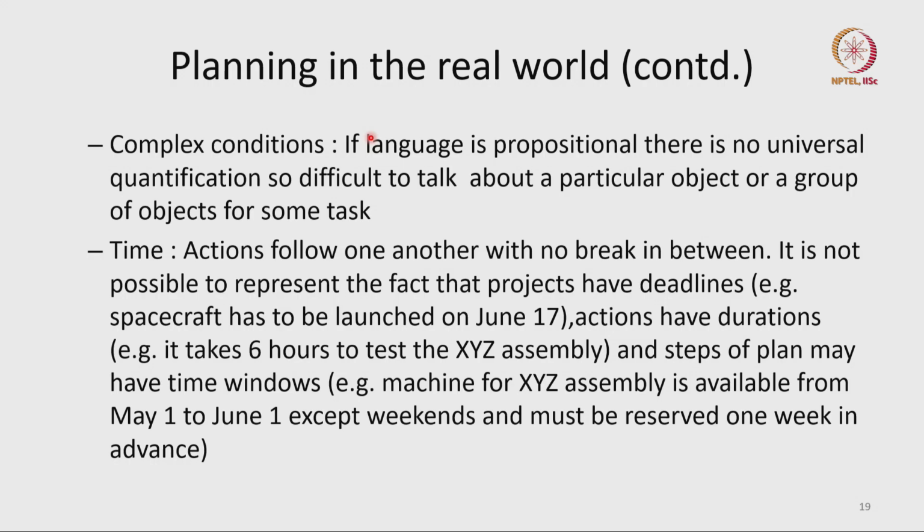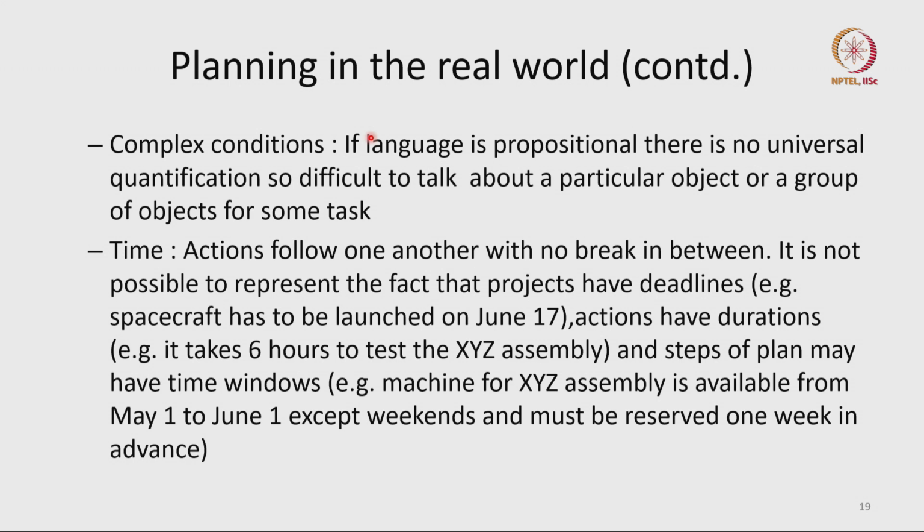Third one is time. You may want your plan to be executed in a particular amount of time. For example, if it is a space mission, you'll have everything planned out, that this should take this much time, then this should take this much time, and the whole plan should take a particular time.